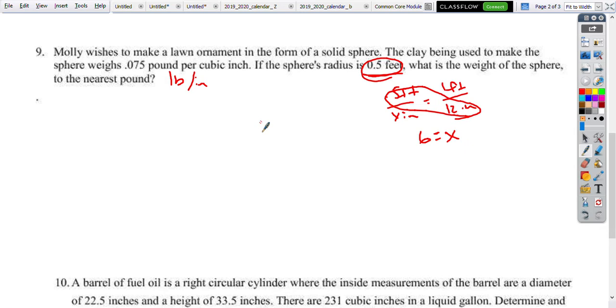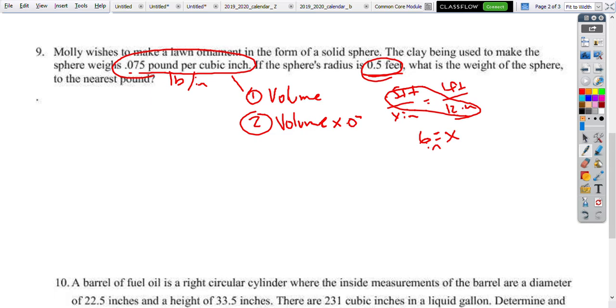So per cubic inch, what this tells me is, first I need to get the volume. That is going to be in cubic inches. This 6 is the number of inches we have in our radius. Then I'm going to take the volume times 0.075, and this is going to give me the weight. So find the volume first and then multiply it out.